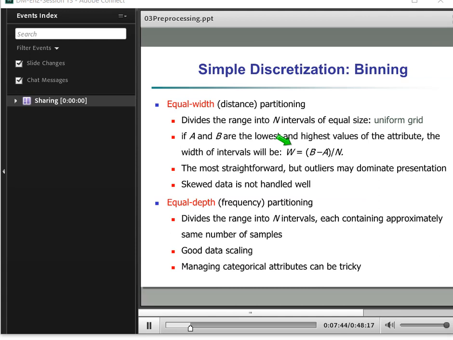So simply, I can divide the range into N and find the width of each bin.